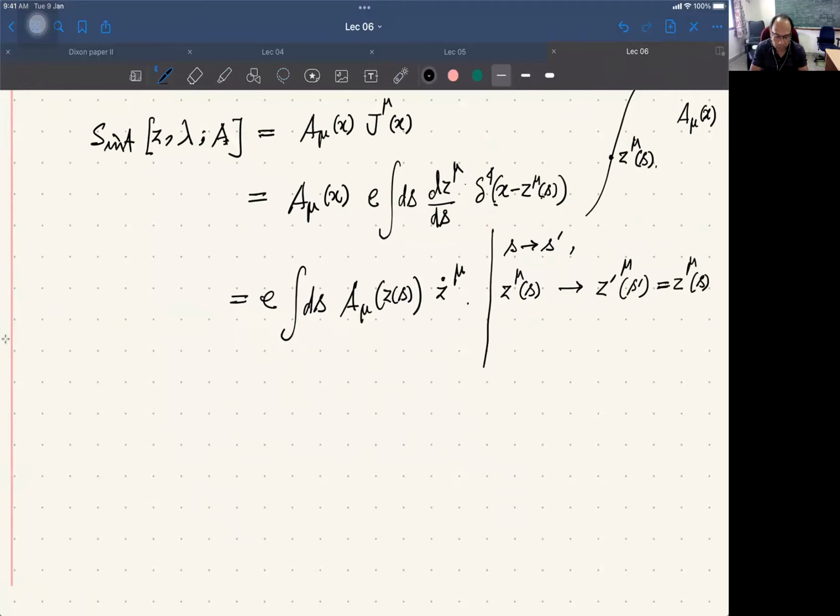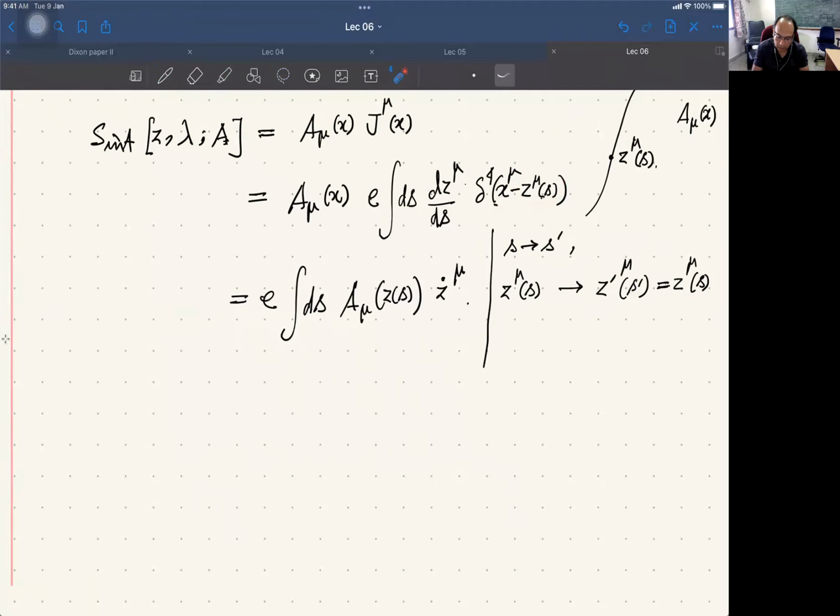So the support of the delta function does not change, because the support of the delta function is when x^μ is numerically the same as z^μ(s). Under reparametrization, the functional form of z changes and becomes z' of the new parameter s', but keeps the same numerical value. So z'(s') is the same as z(s). Numerically this does not change, and therefore the support does not change.